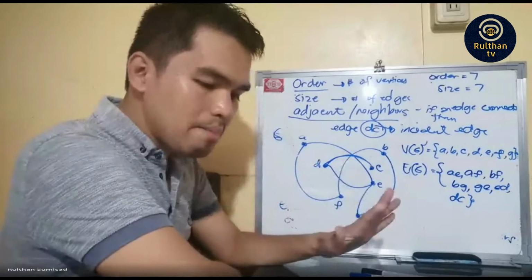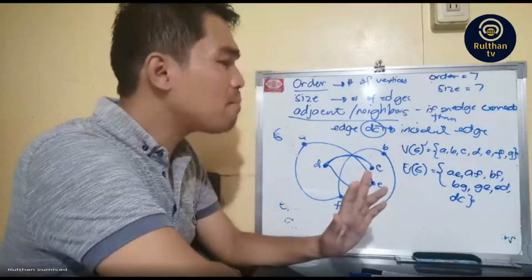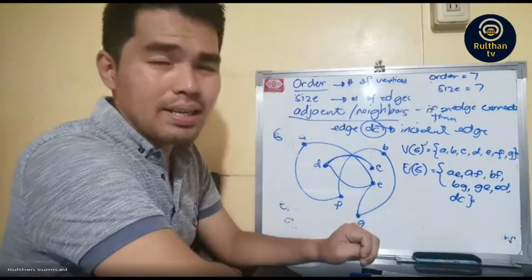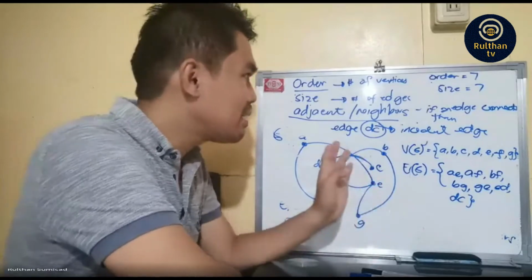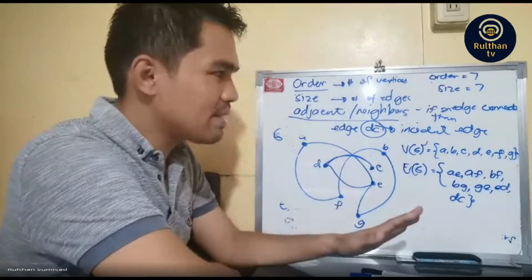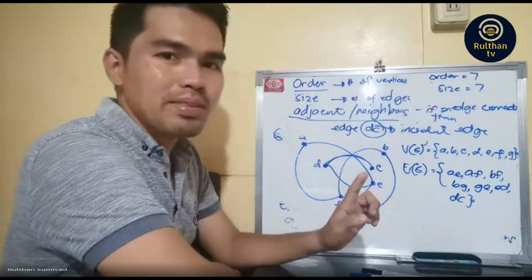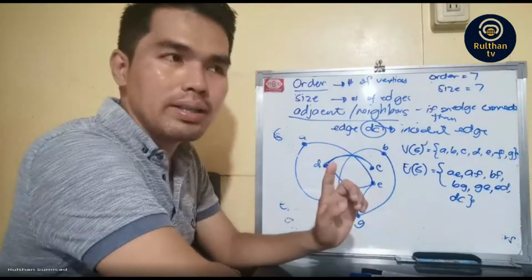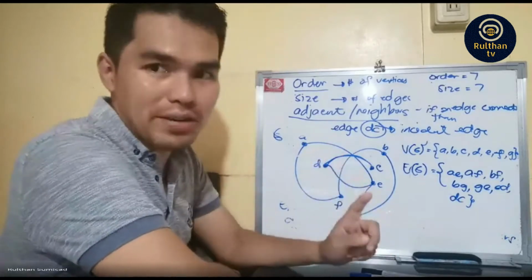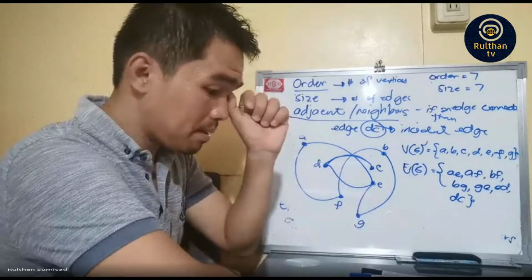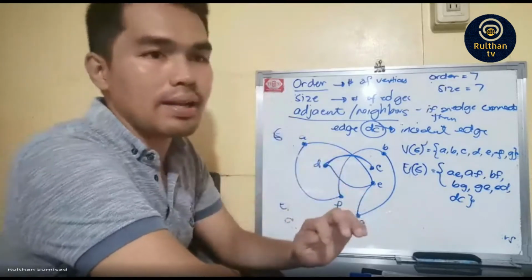Next, we also have adjacent or neighboring edges if they share one vertex, or there is one vertex that is common to them.